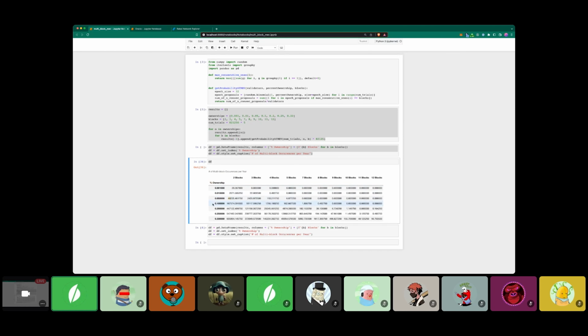So this is 5%, 10%, 20%, 25%. The number of times per year that a multi-block occurrence will occur for a given party with that much stake. So for instance, someone with 10% is going to get about half of an 8-block multi-block MEV per year.